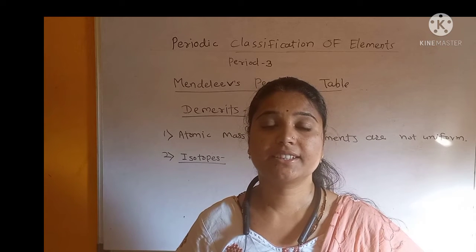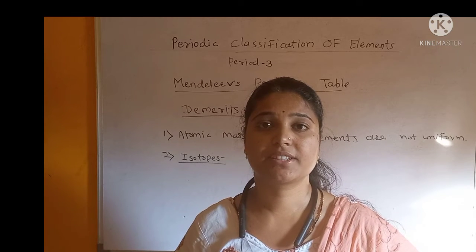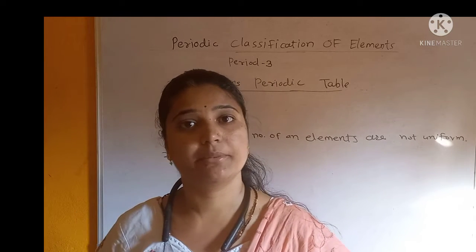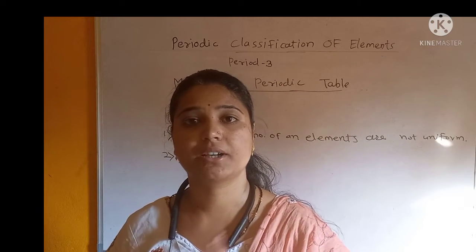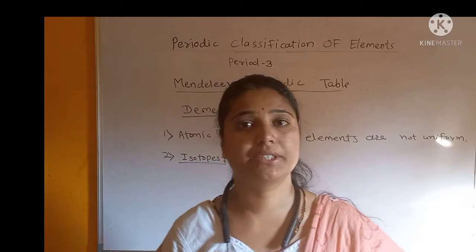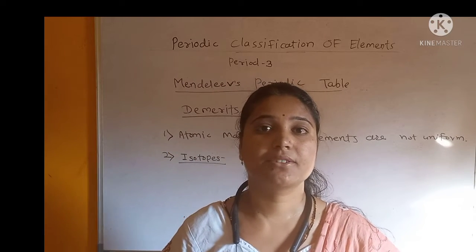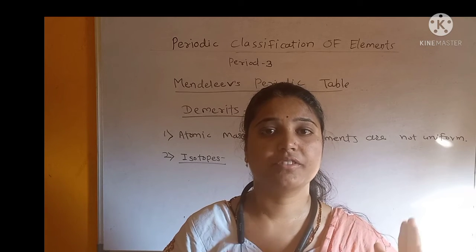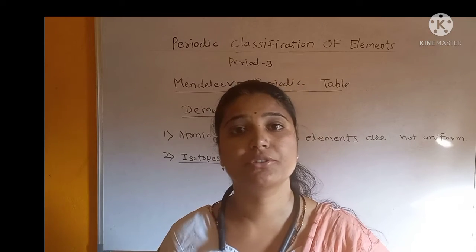So the exact place of hydrogen in Mendeleev's periodic table is not identified, because some of its chemical properties are similar to the halogens and some are similar to the alkali metals. So is its place in the group of alkali metals or in the group of halogens?